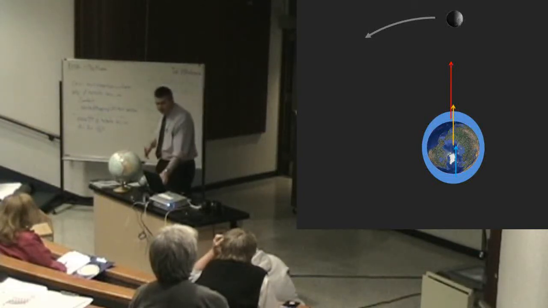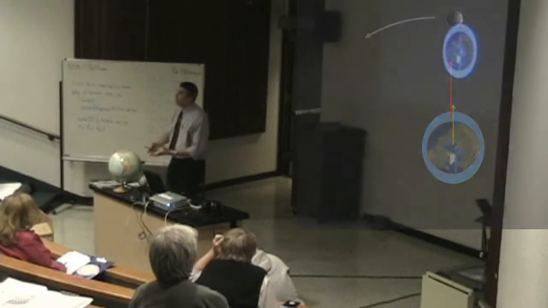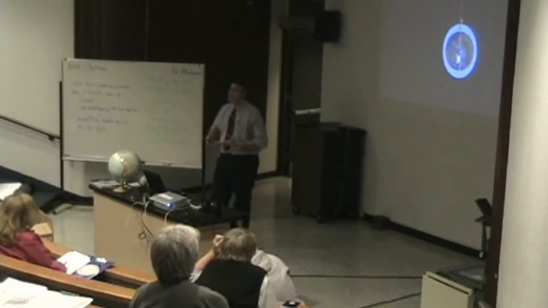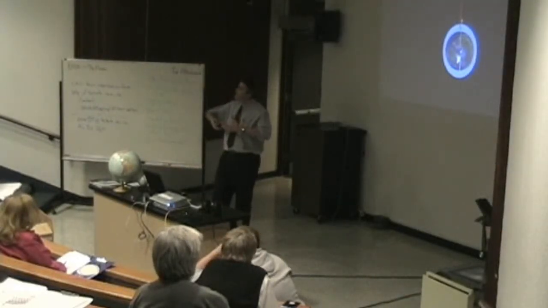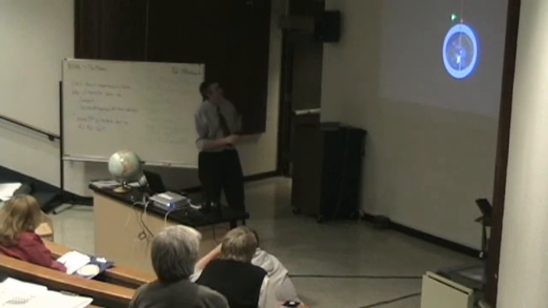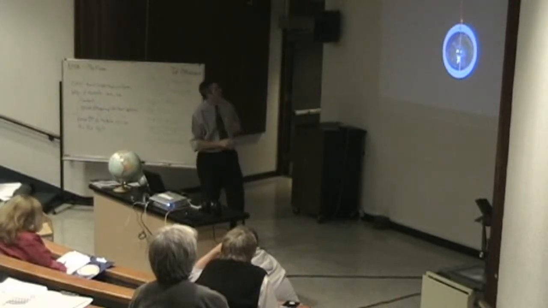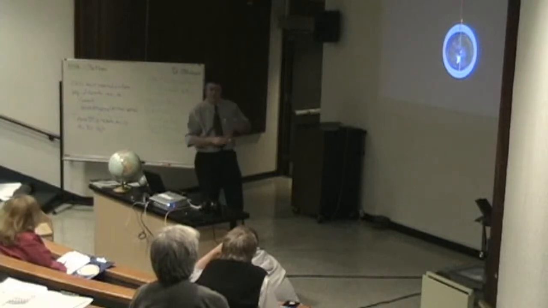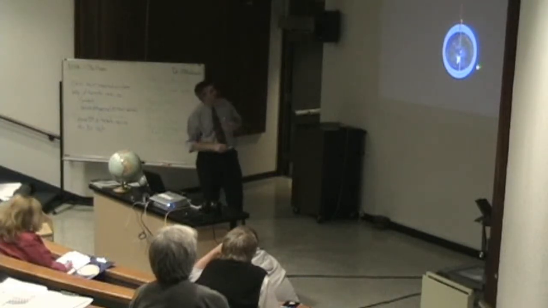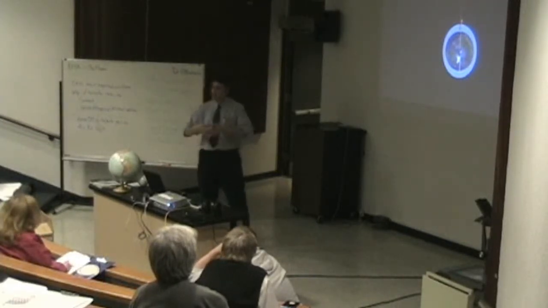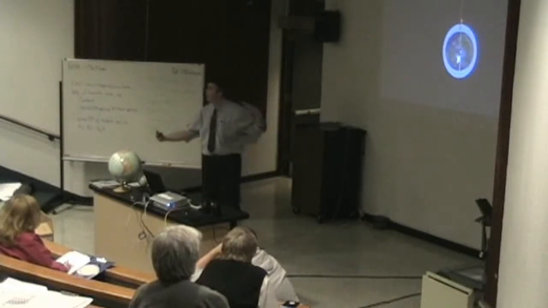So as a result, what happens is stuff on the side of the Earth closest to the moon gets pulled towards the moon. Okay, the gravity of the moon is actually acting on it to pull this stuff more than it's pulling the rest of the Earth. And it's pulling the rest of the Earth more than it's pulling this stuff. Okay? So this stuff is kind of leading ahead, and this stuff is lagging behind, and as a result we get this kind of double bulge.